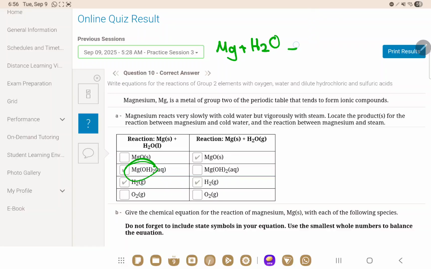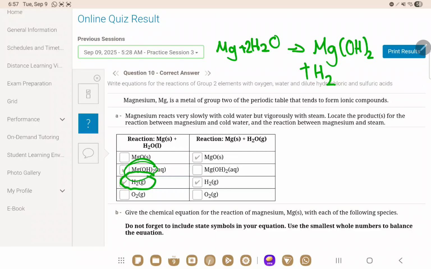It makes Mg(OH)2, because OH has a charge of 1, and you can't use just one, so you need 2 of it. So 2H2O, then you're left with H2. So our products are going to be Mg(OH)2 and H2.